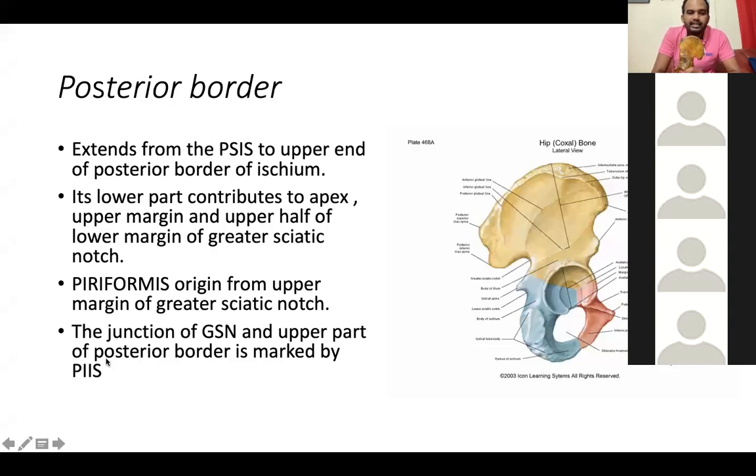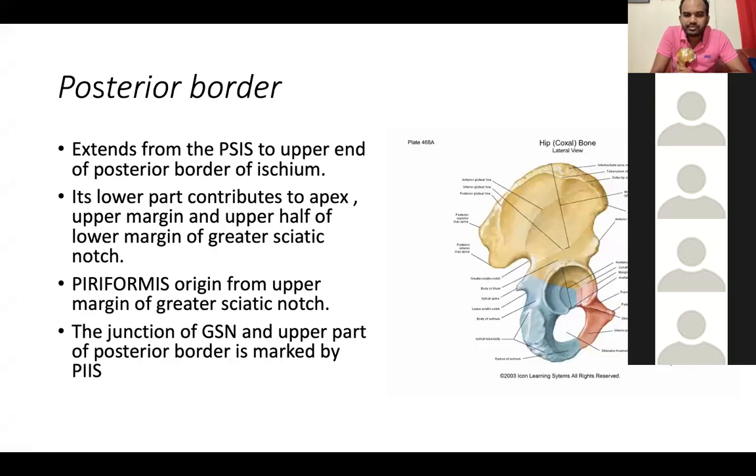And not only that, the junction of the greater sciatic notch and the upper part of the posterior border is marked by the posterior inferior iliac spine here.